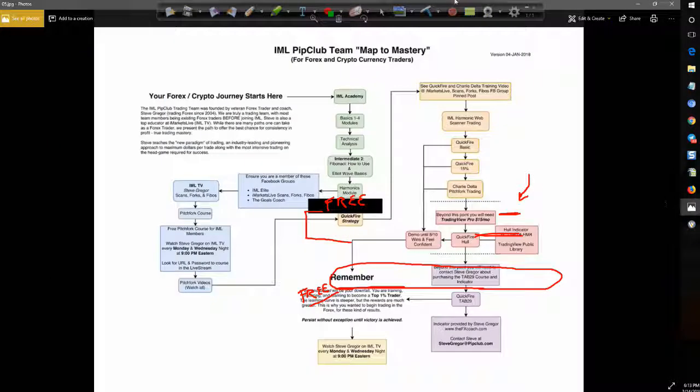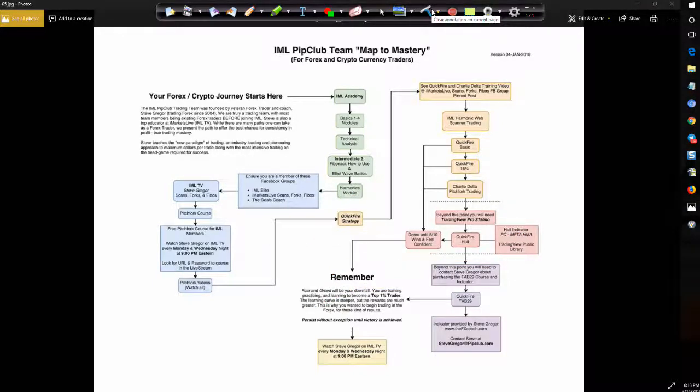We also have a roadmap at our group website. We have a roadmap that gives a little checklist for you of what to do. Of course, what we do is to really accentuate what IML offers through the Academy and, of course, through our TV channel, the Scans, Forks, and Fibos channel. And we don't do anything different or in lieu of IML. IML Universe, right through the Academy, all the way through.